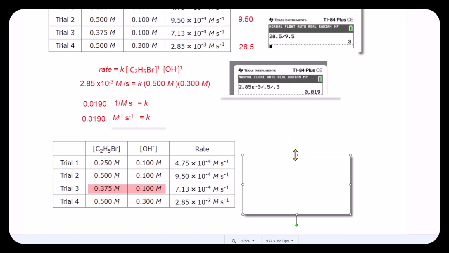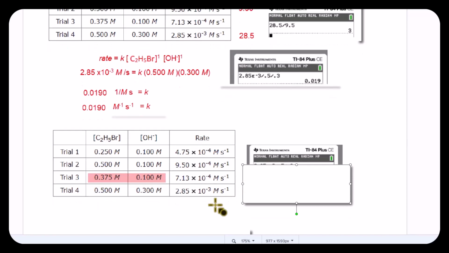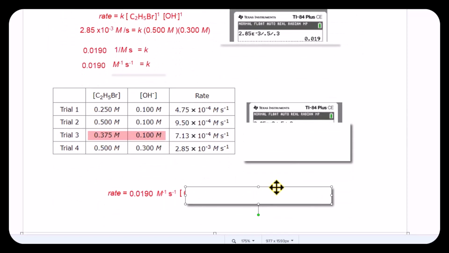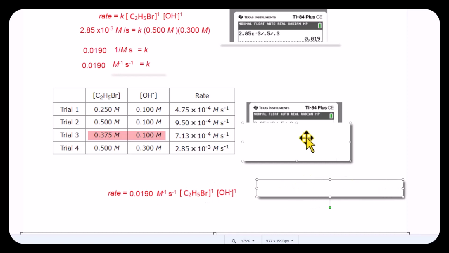Before I show what I do with my TI, let's set up the solution right here. Since I know my constant, I multiply the concentrations times my constant, 0.019, and see what we get.